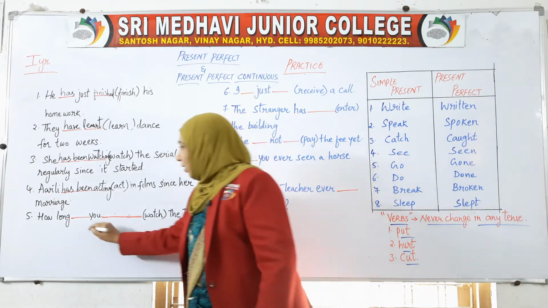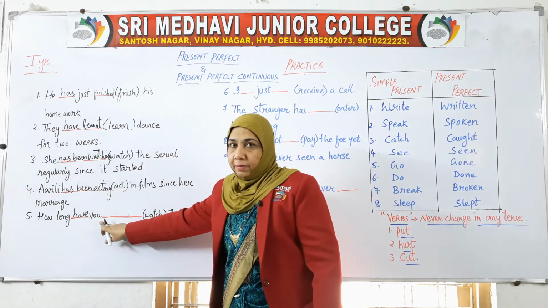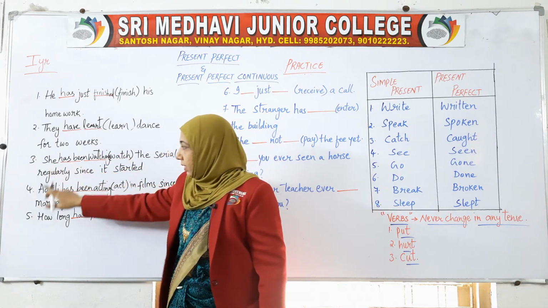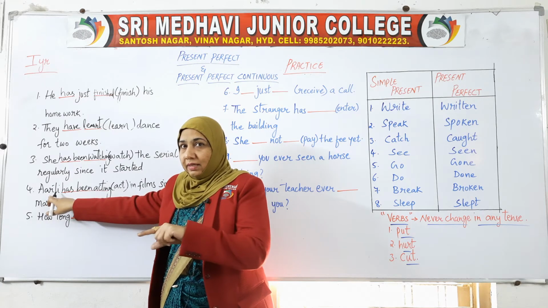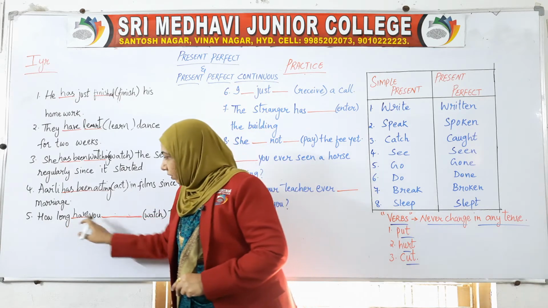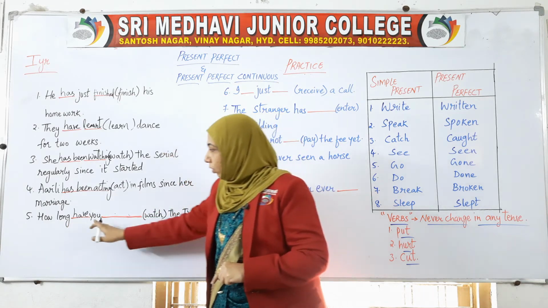Okay, so how long have, because it is the second person. For the third person we have used has. For Aarti, again the name is there but it is still the third person. So what have we used? Has. Now here we are getting the question for the second person, so we have to use have.